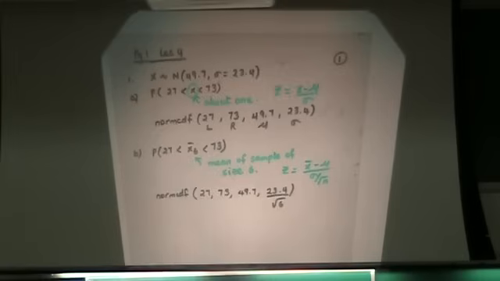And then do the same thing for the 73. Get it? Any question regarding this? Okay, if there is no question, then let's go to confidence intervals.